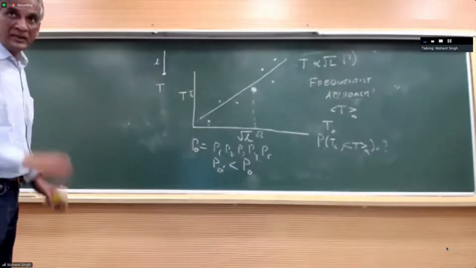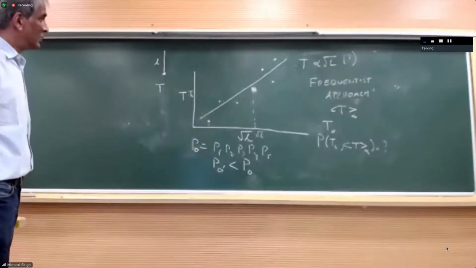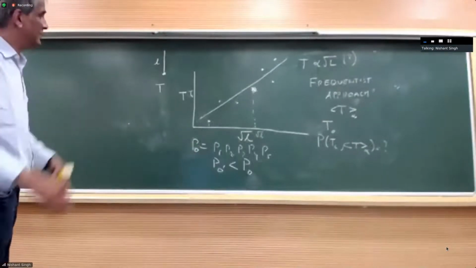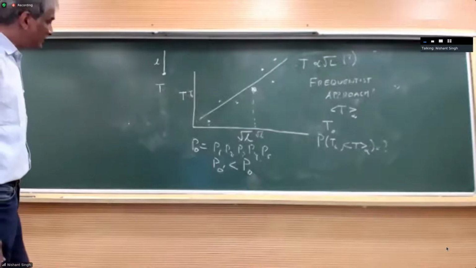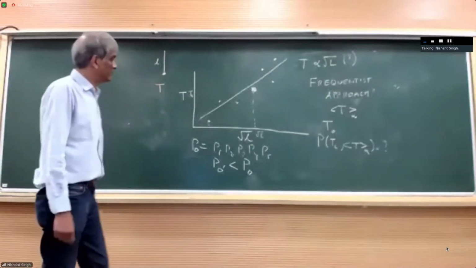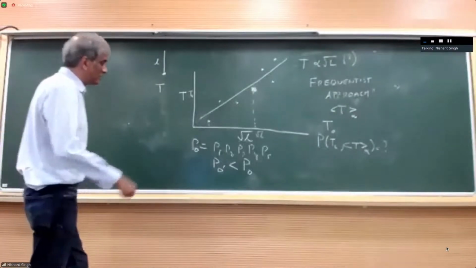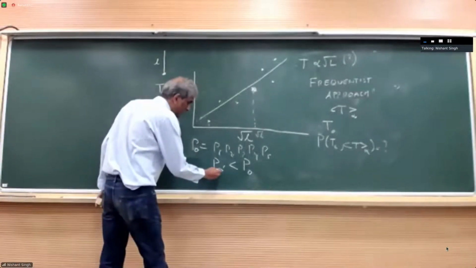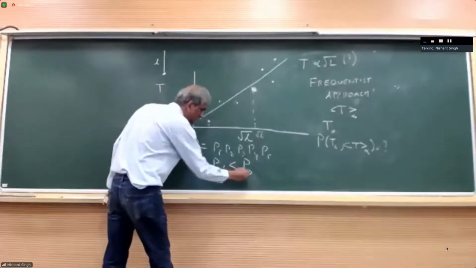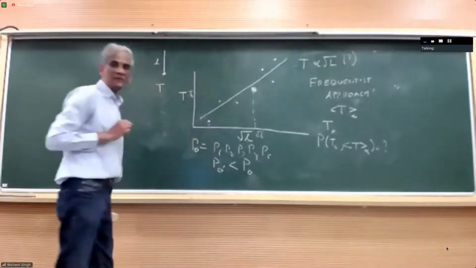This by itself tells me nothing. So I ask another, completely independent question. What is the probability that if I did this experiment an infinite number of times, how many times I would have got this measured probability, P0 prime, to be less than the one which I have got right now.